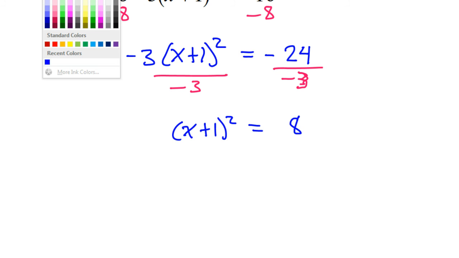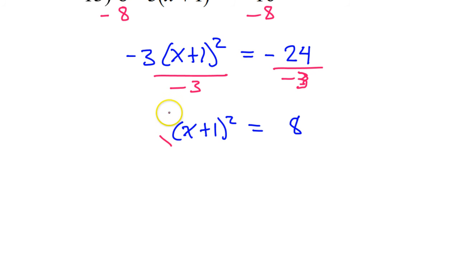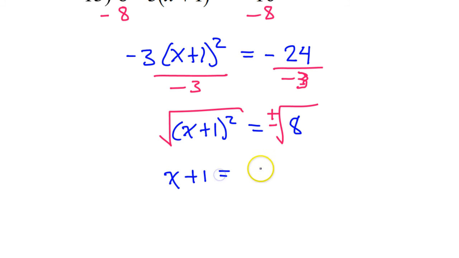Okay, now we will take the square root of both sides. Don't forget your plus or minus. So that's going to leave us with x plus 1 is equal to plus or minus, and this is going to be 2 radical 2.